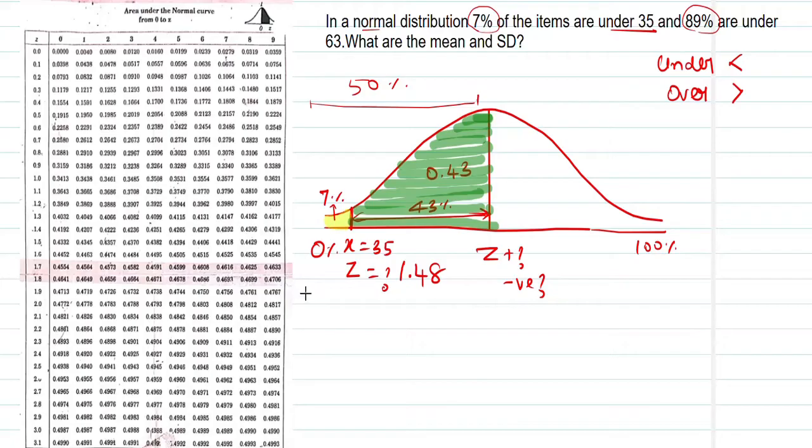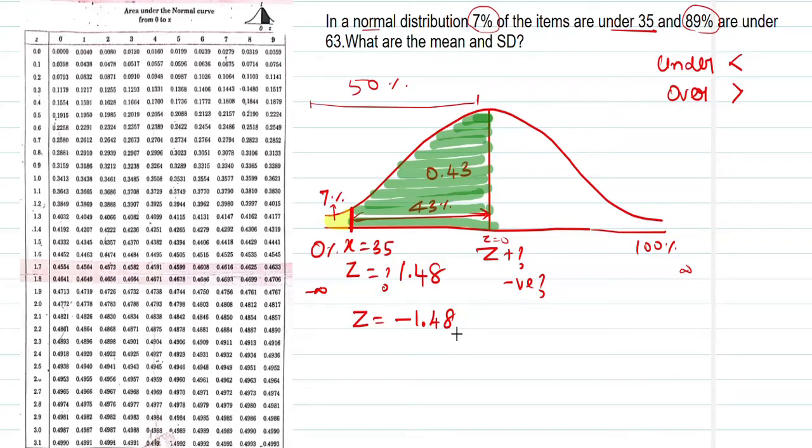This varies from minus infinity to plus infinity. So this is the point Z equal to 0. Z will be negative in the region over here. So you will not just write 1.48, you will have to write Z equal to minus 1.48 in that particular position.